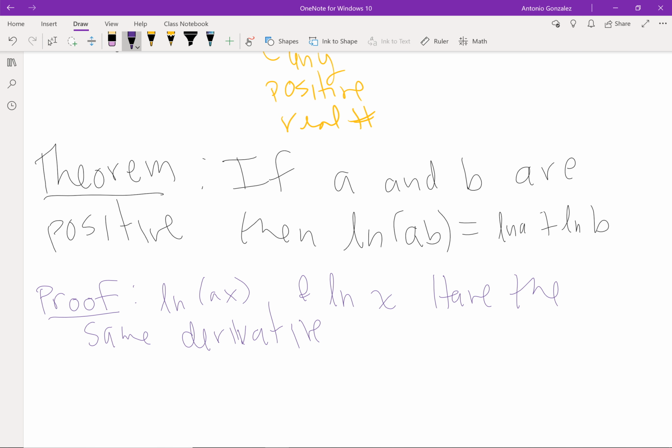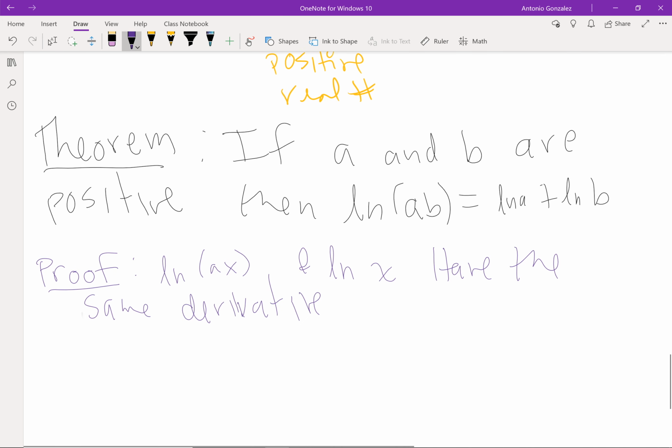Okay, so one thing that I want to recall here, to refresh your memory, is that if two functions have the same derivative, then a theorem from first semester calculus tells me that the difference between the two functions must be a constant.